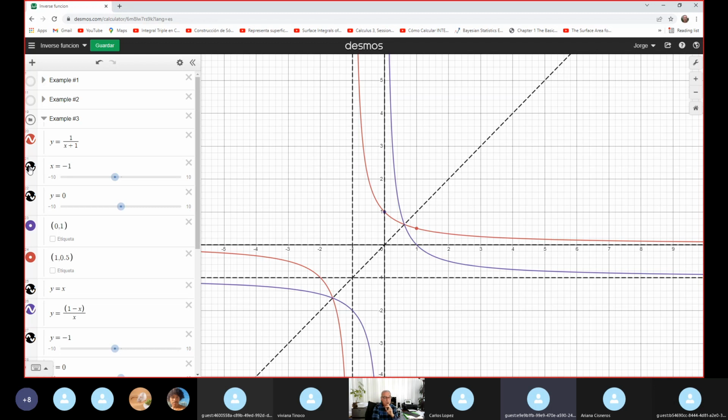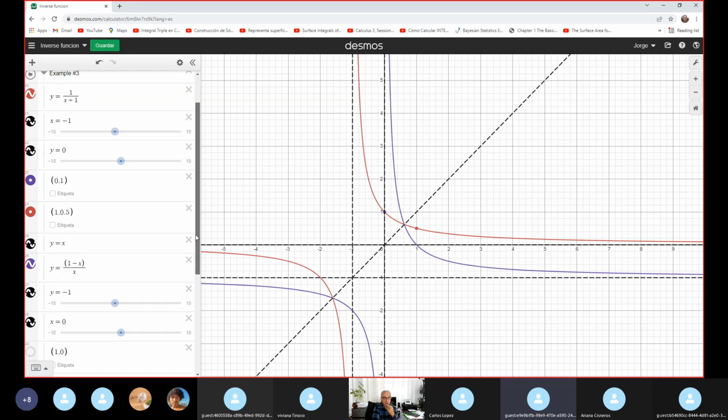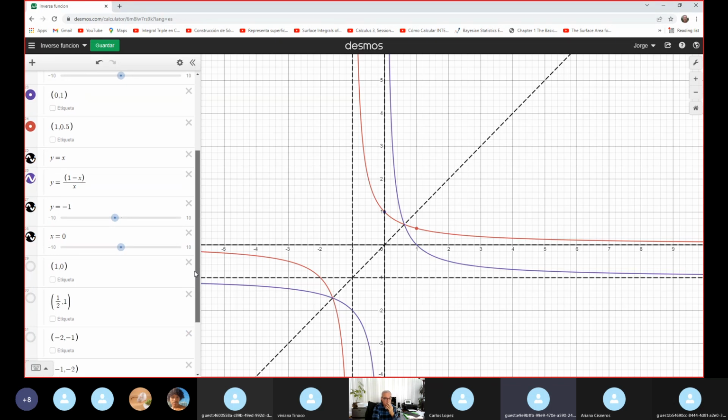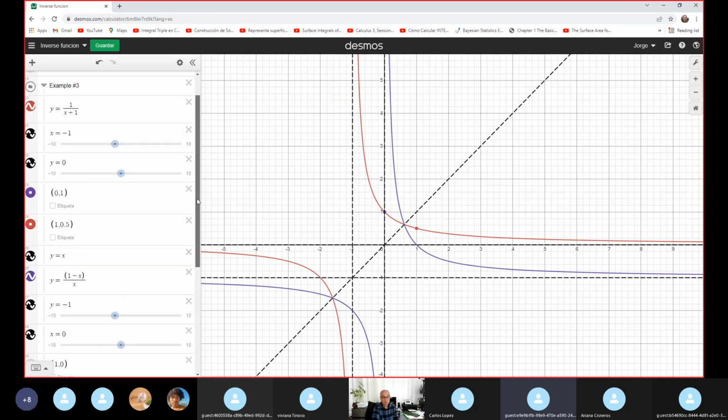However, in the original, the horizontal asymptote is at y equals 0. And in the inverse function, the vertical is at x equals 0 also. So it's a permutation. That makes sense because you interchange x and y. And point by point the same thing happens.